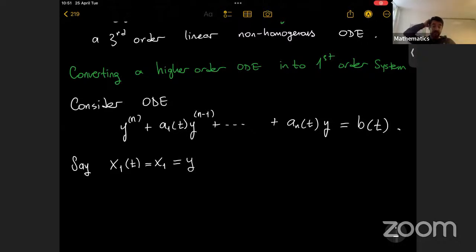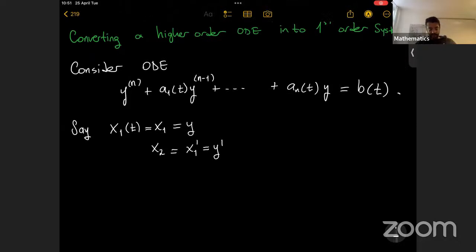So we will redefine our function y with x1, and let's say x2, again a function of t. Say x2 is the derivative of x1, x1 prime, which is basically y prime, because x1 is y. And x3 is x2 prime.